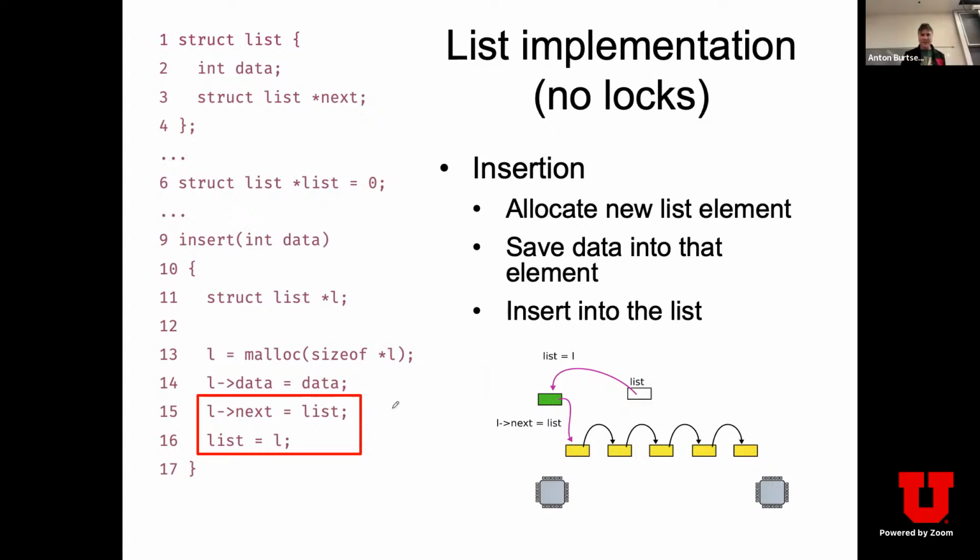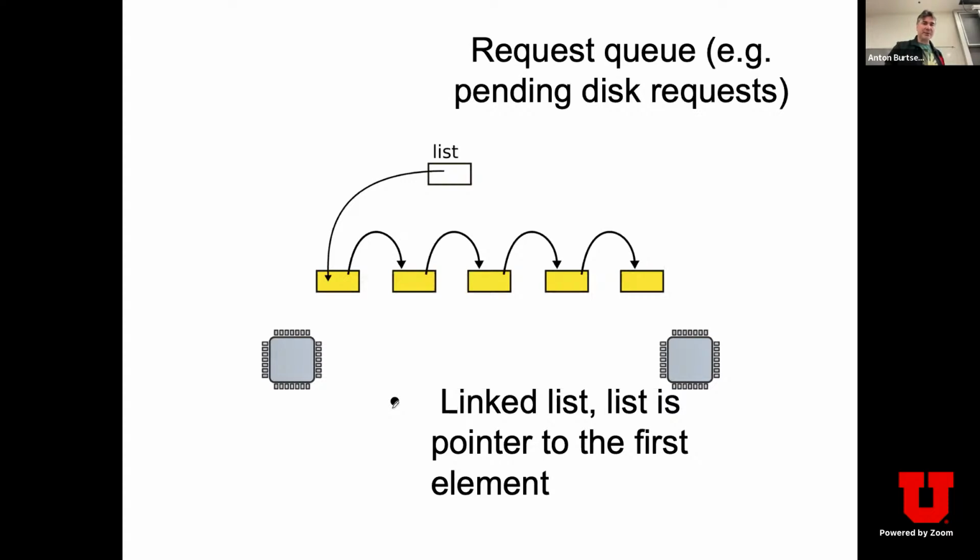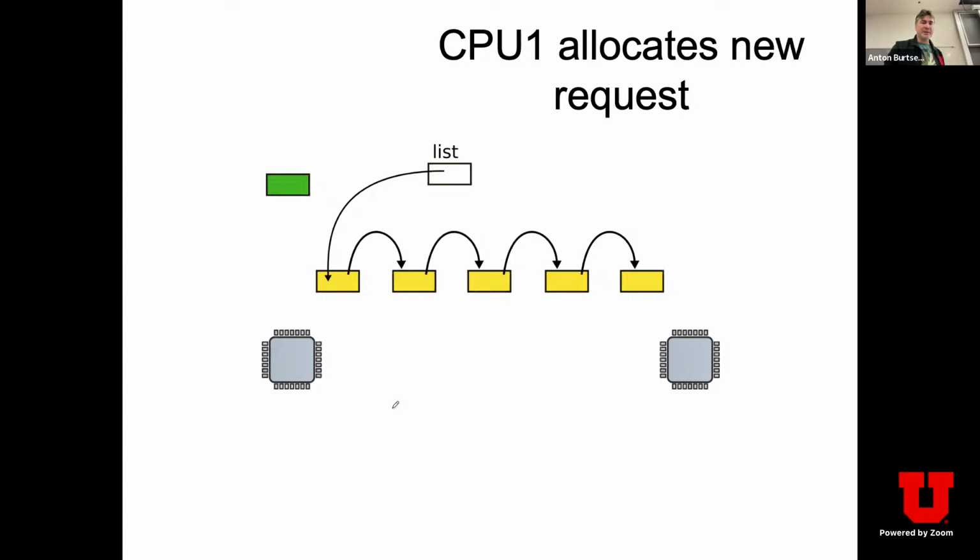So now let's imagine something is running on these two CPUs, each one of them running a process, and each of these processes tries to write something to the disk. So you have two CPUs, one linked list, one global variable. Let's imagine CPU 1 tries to insert something.